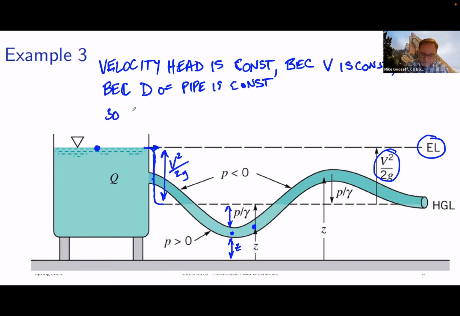So Z and P, basically pressure, are trading off with their changes as you go down the pipe.